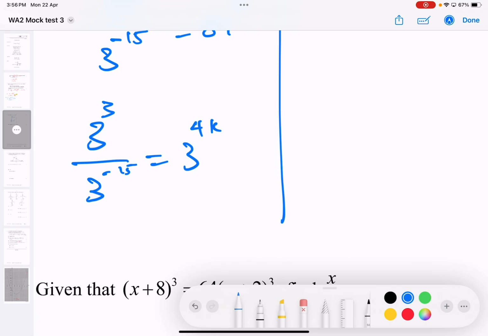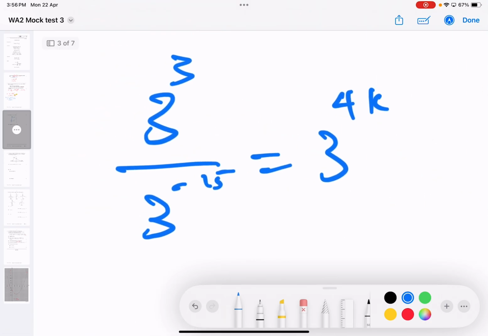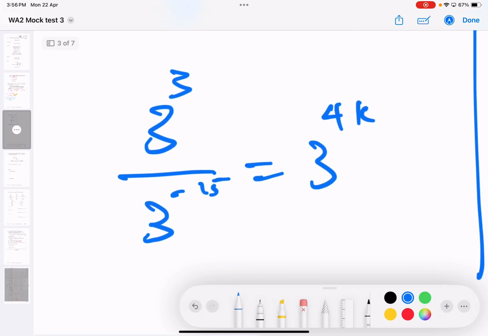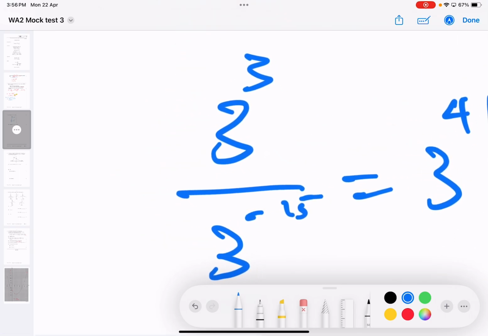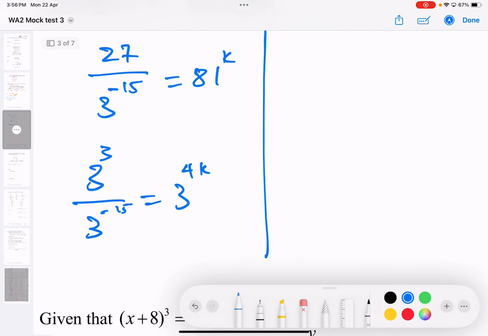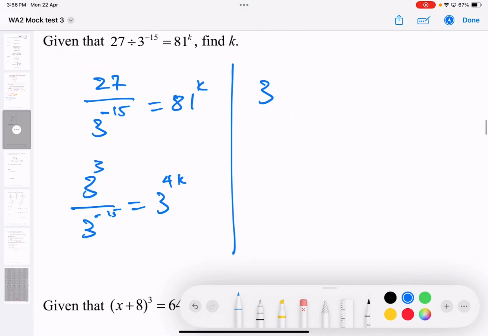Same base, divide means what happens to the powers? KD? Yes, so I'm going to get 3 minus negative 15, equals 3 to the power of 4k. So I'm going to get 18 is equals to 4k.